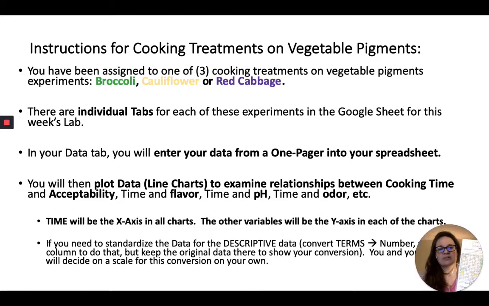All right, so I've assigned you broccoli, cauliflower, red cabbage. You're going to use a one-pager that has all the data in it, and you're going to enter the data from the one-pager into your assigned sheet.